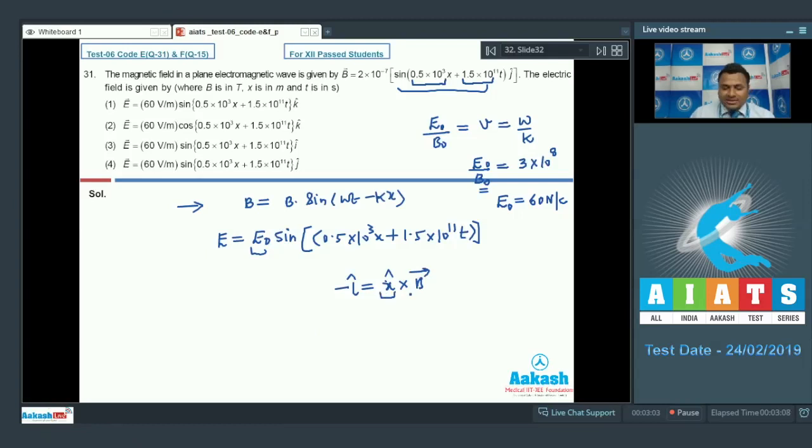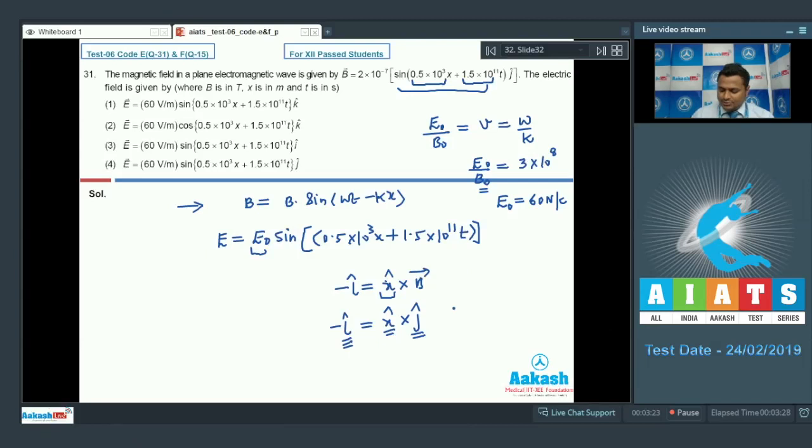So here x cap is the direction of oscillation of the electric vector. So the propagation direction minus i cap equals x cap cross j cap. This j cap is for the magnetic vector, this x cap for the electric vector, and this is the direction of propagation of the wave.